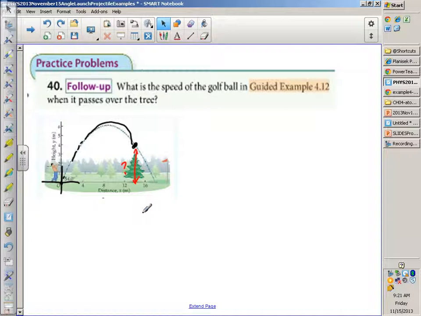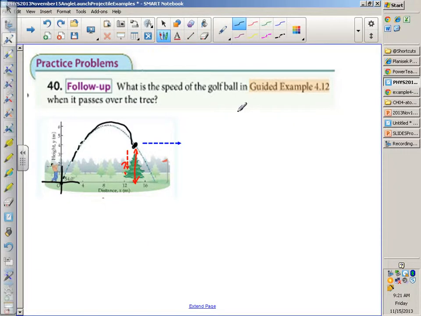But just like yesterday, if we looked at speed, this golf ball will be doing two things at this point in time, right? What's it going to be doing? It's going to be moving horizontally, but it's also going to be doing what? Vertically too. If it's past this top point, what should we see about its vertical velocity at that point in time? It should be negative, right?